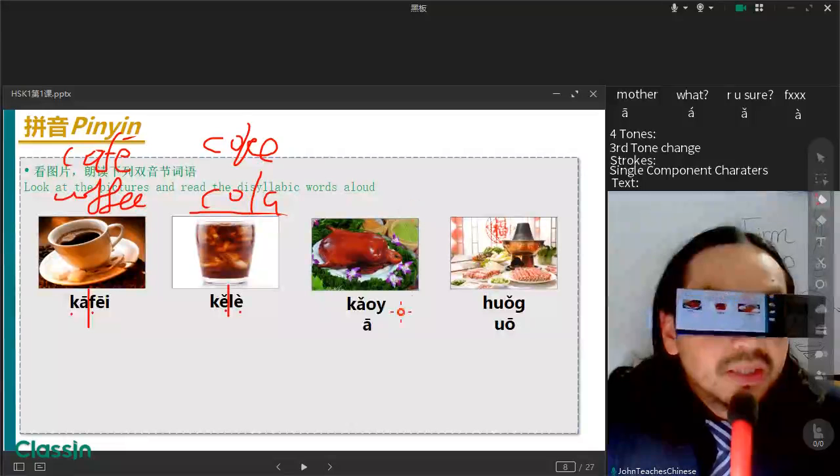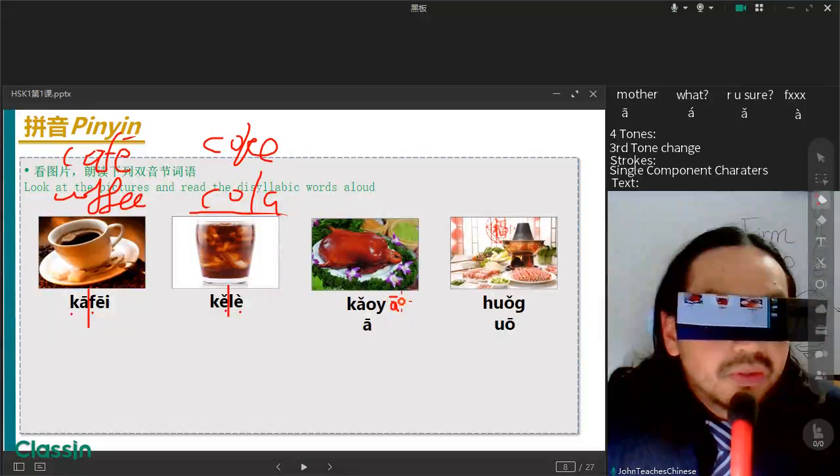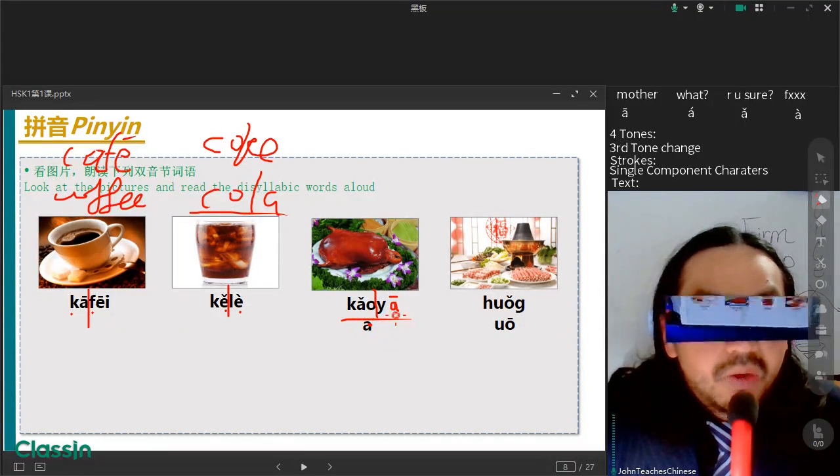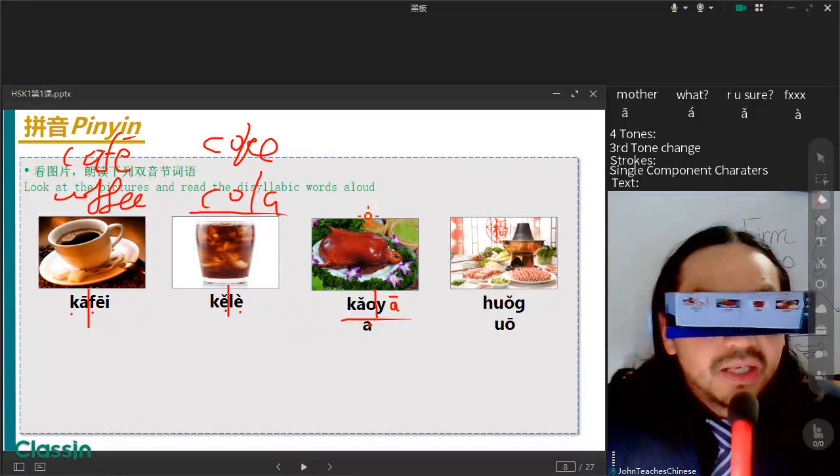Okay, next one, why he wrote it here, I do not know. Okay, kaoya, fried duck, Peking duck.